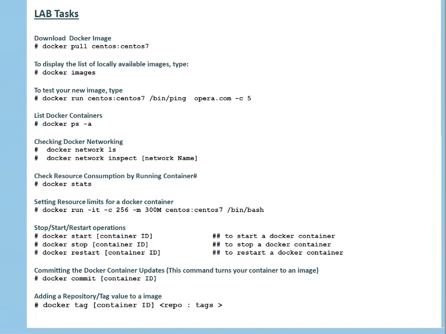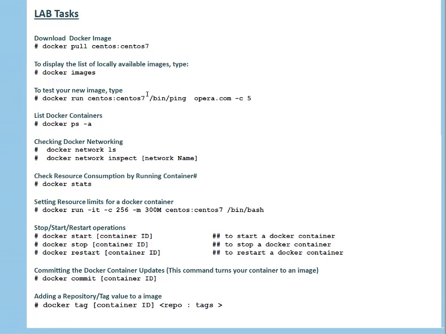After that, I have listed a couple of lab tasks. I'm going to demonstrate these tasks practically, but here is a quick introduction. To pull an image from remote repositories, you can run the command docker pull followed by your image name. If you want to list the images locally on your system, docker images.